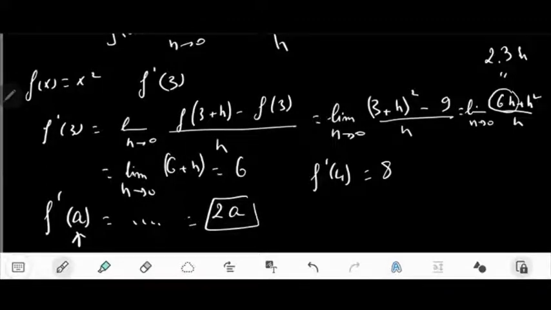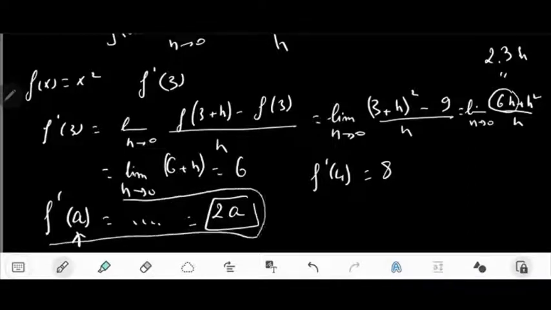So if you have, for example, the function x squared, and you want the derivative at the point, let's say 10, no need to redo the calculation. You can use this formula, which gives you the derivative at any point a. So at the point 10, the derivative, or the slope, will be 20.